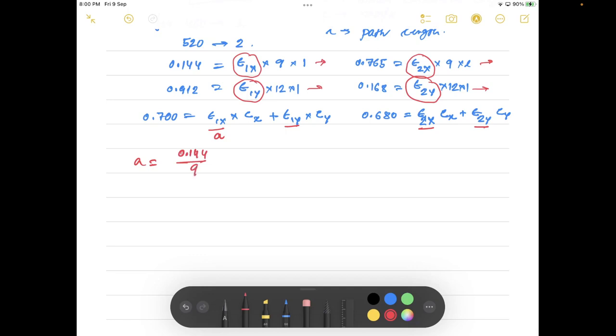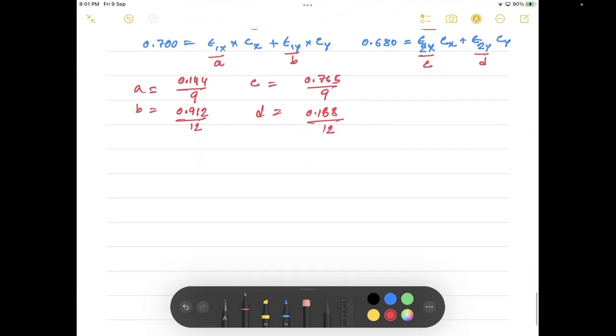The value of epsilon 1y, let's say B, will be 0.912 divided by 12. Let's say this is C and this is D. So C, which is epsilon 2x, will be 0.765 divided by 9, and D will be 0.168 divided by 12.